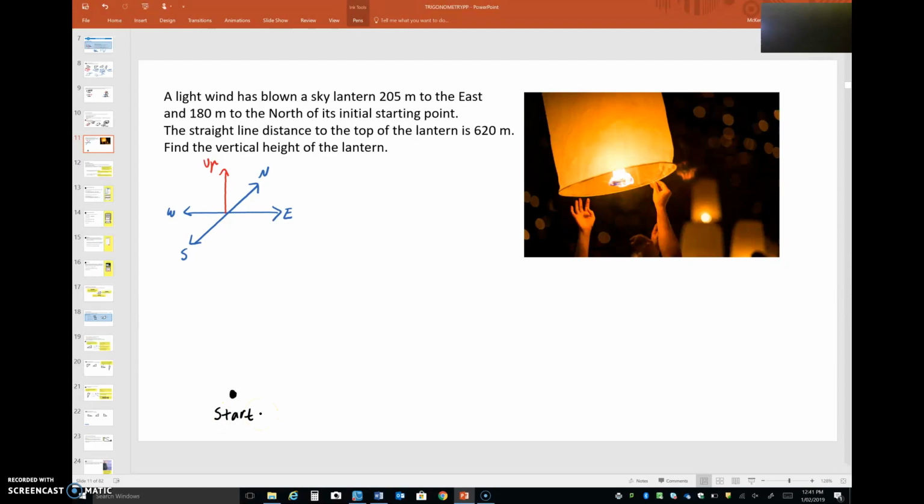And it's blown to the east, 205 metres. So east is in this direction. And to the north, 180 metres. So north is oblique. It's going this way.